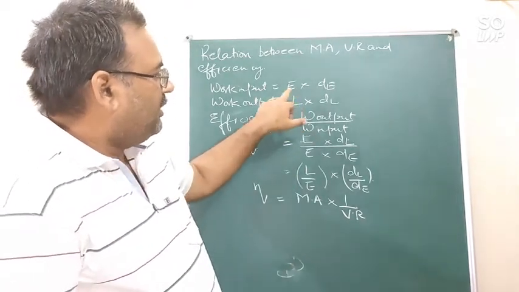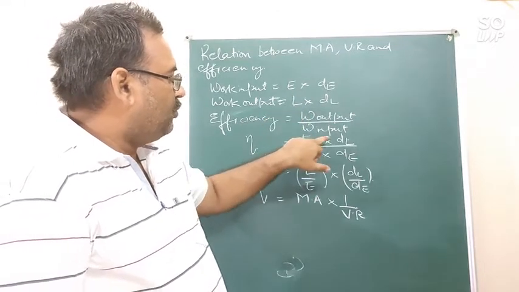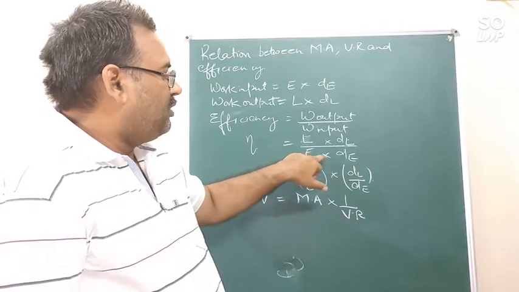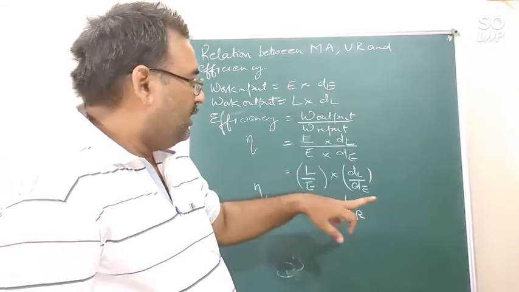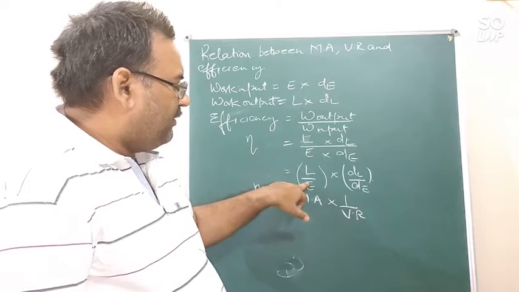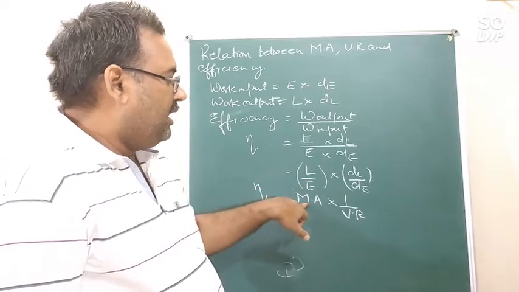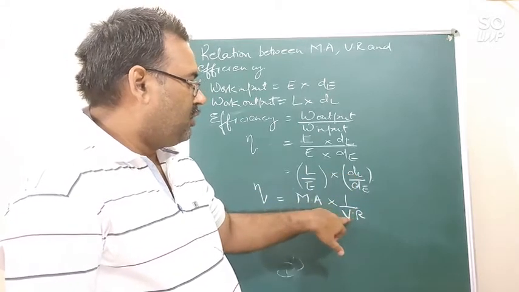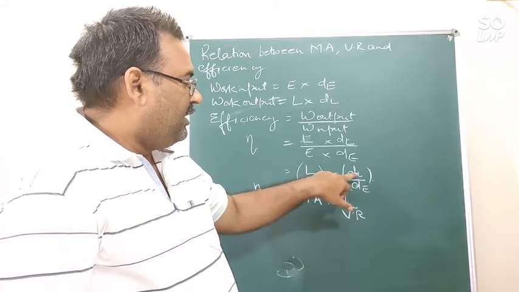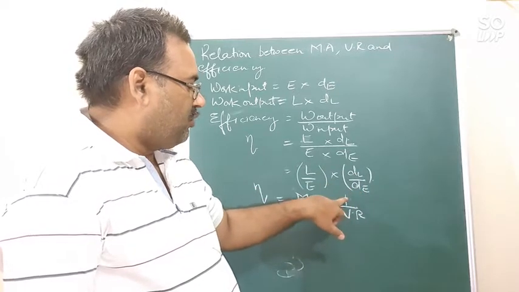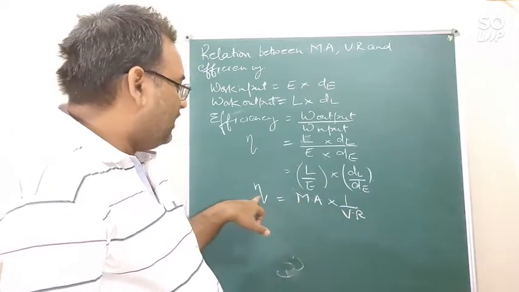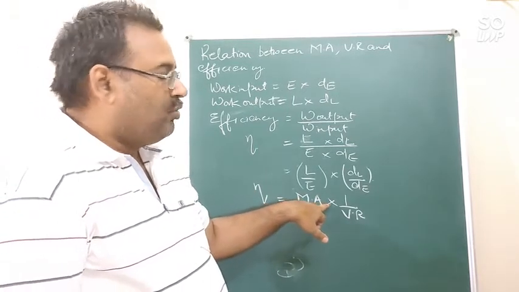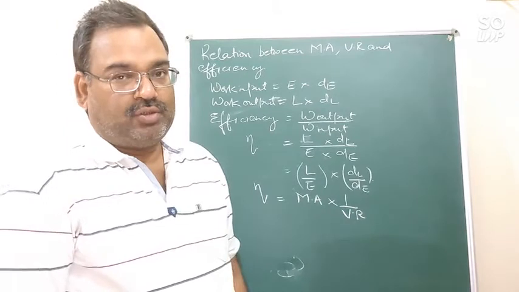So we substitute the value of work output, L into DL, displacement of load point, upon effort into displacement of effort point. Now load upon effort we know is mechanical advantage, and displacement of load upon displacement of effort is the reciprocal of velocity ratio, 1 upon VR. So we get the relation: efficiency is equal to mechanical advantage into 1 upon velocity ratio.